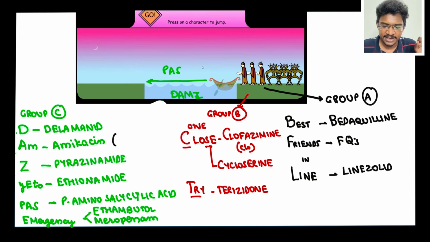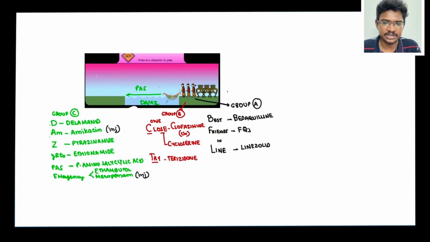Dam: D, delamanid, which is group C; A, M, amikacin; Z for pyrazinamide; then yet to be passed: yet, ethionamide; and pass, para-aminosalicylic acid. Next, since it is an emergency, or they will be killed by the demons: emergency, E, ethambutol, MER, meropenem. So this is the group of drugs. Remember that in the same order. You will understand why in a short time.